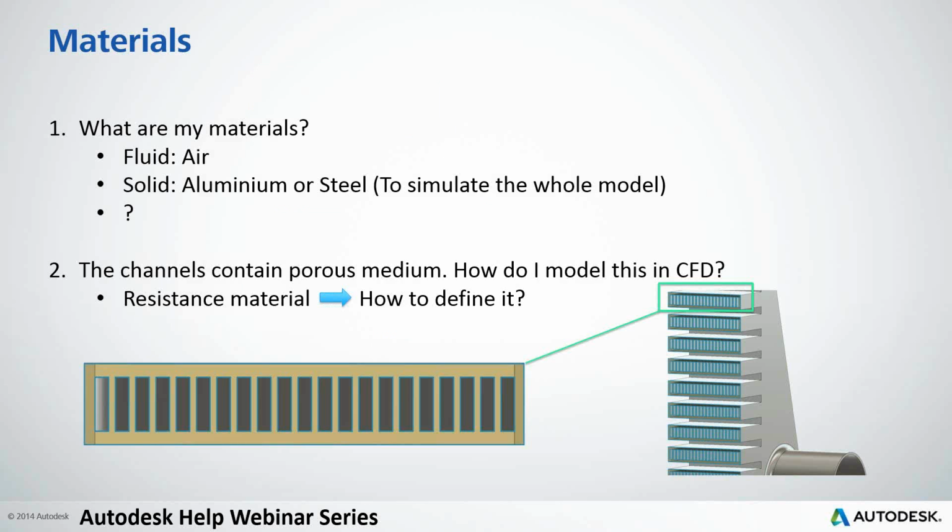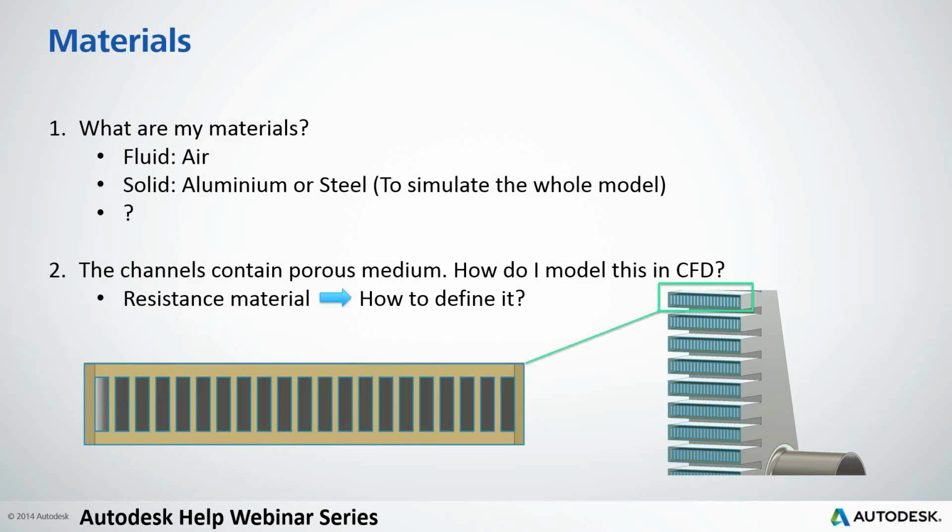In my approach, I delete these small tubes inside the channel and model them in another way. How do I model a porous medium in CFD? I got the idea of defining this as a resistance material.